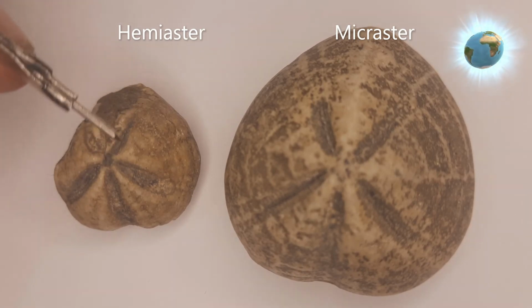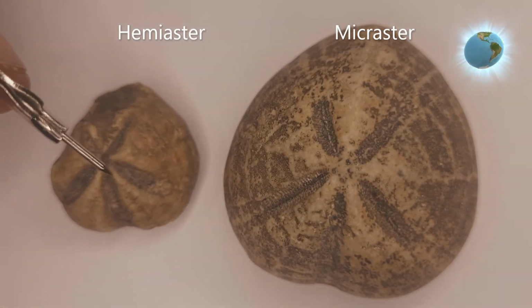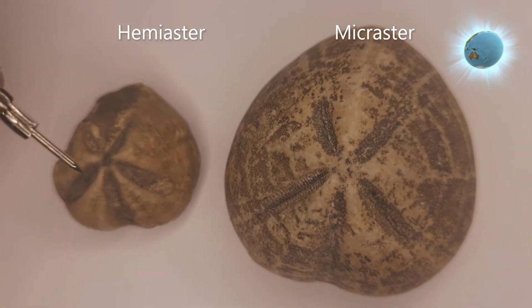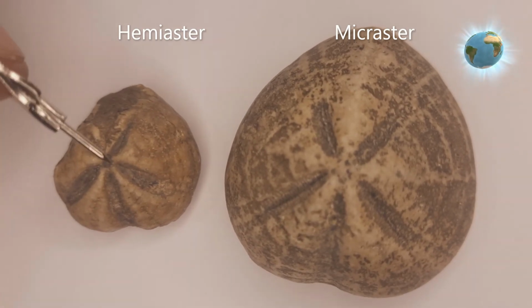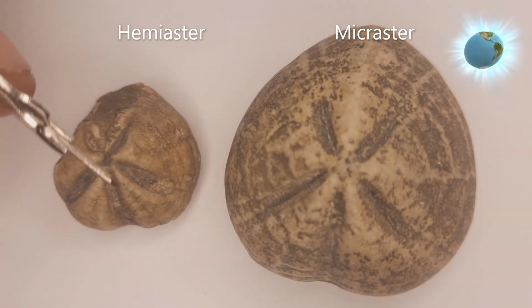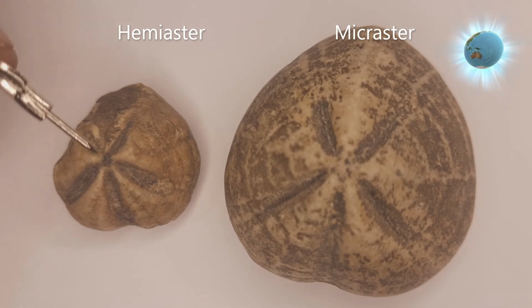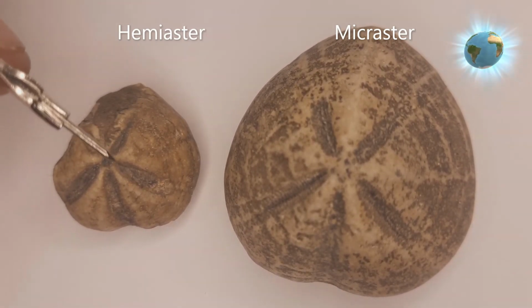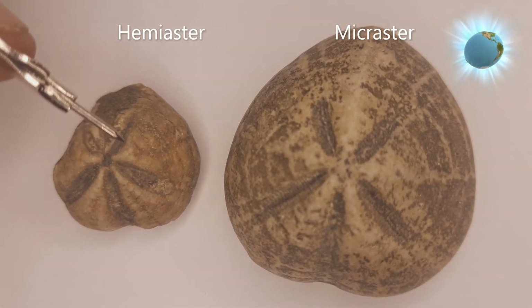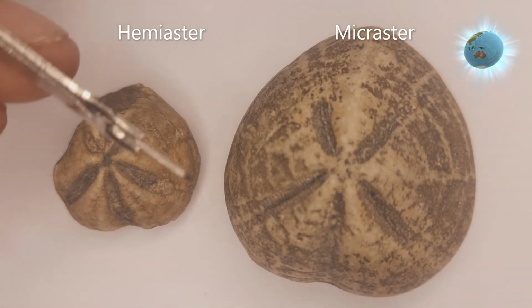This is umbilical area 1, umbilical area 2, umbilical area 3, umbilical area 4, umbilical area 5. So 5 umbilical areas. Between 2 umbilical areas is an interumbilical area.